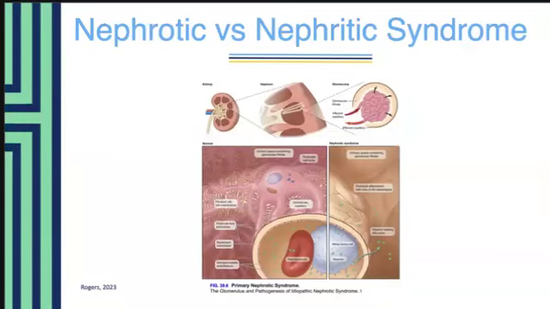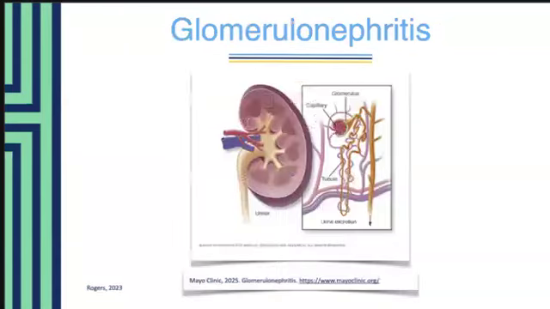As the glomeruli become damaged, the filtration capacity of the kidneys decreases, leading to decreased urine output, or oliguria. The impaired filtration also causes retention of fluids and waste products, contributing to hypertension. Additionally, the release of inflammatory mediators can further exacerbate hypertension by causing vasoconstriction and activation of the RAS.